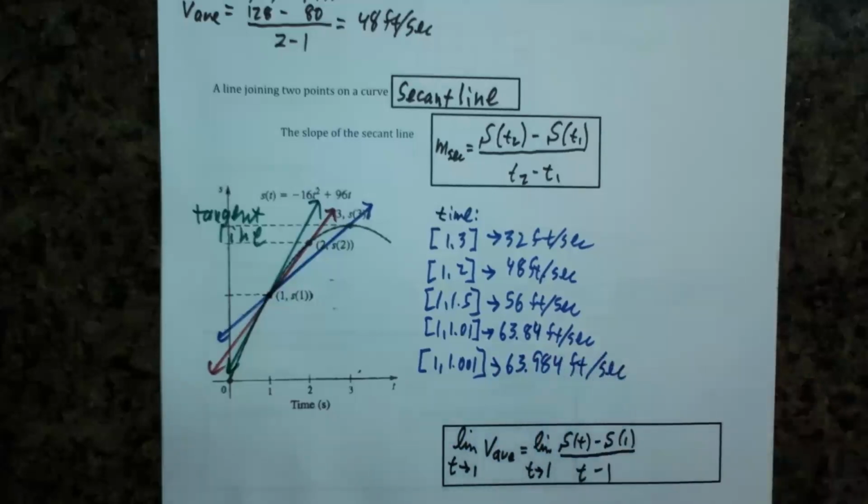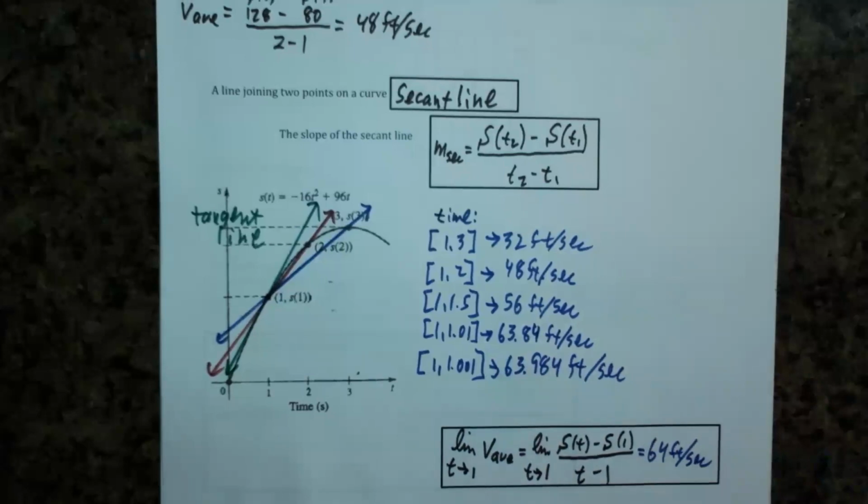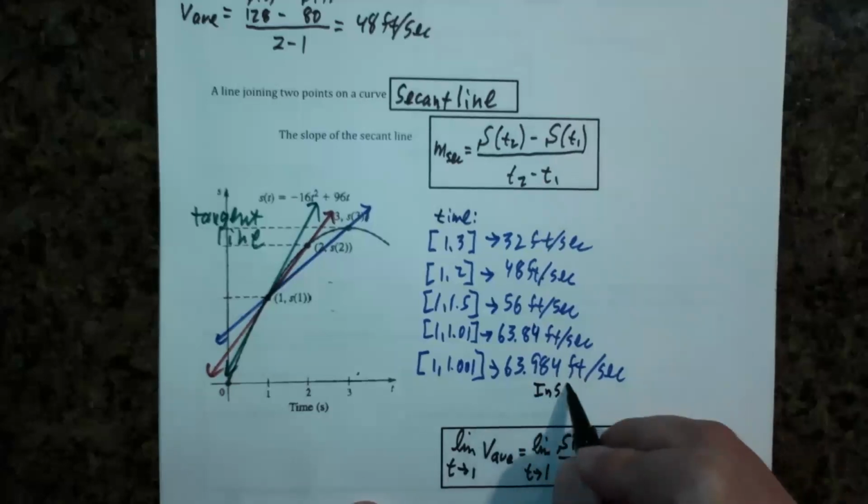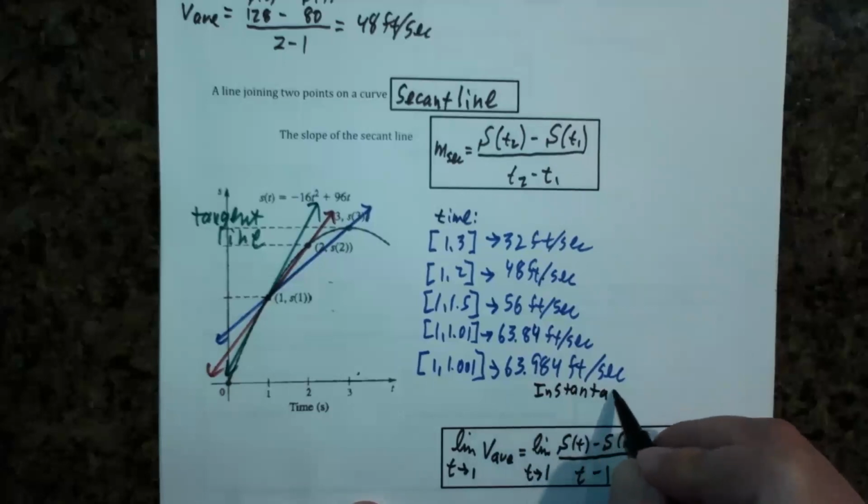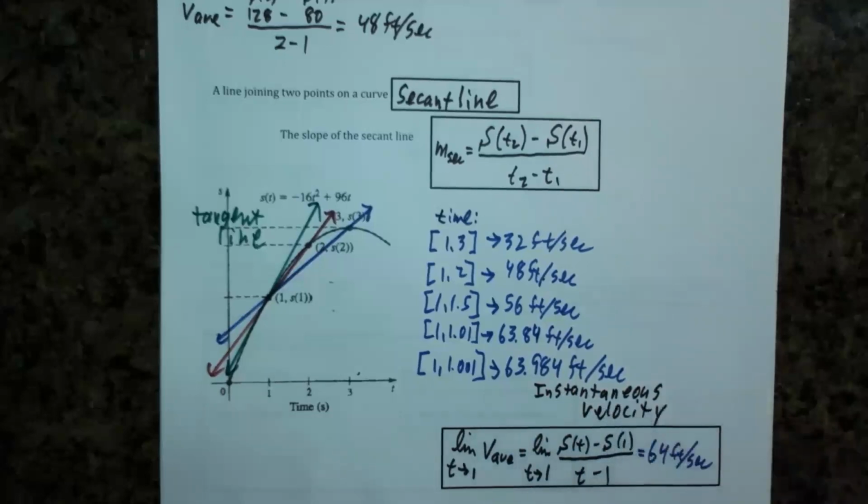And can you see that as we get closer and closer, that's getting closer and closer to 64 feet per second. So in this case, our limit is going to be 64 feet per second. And this is what's referred to as instantaneous velocity. That's it. And that's going to be a major goal of a lot of what we're doing in Calculus 1 at the beginning. Hope that helped.